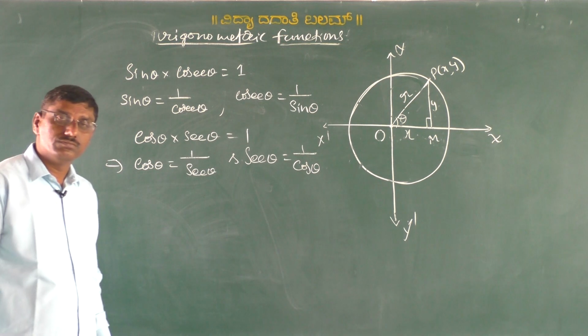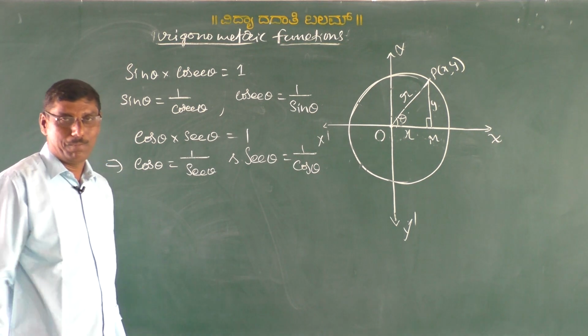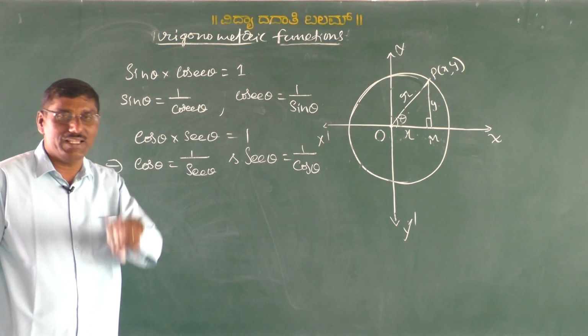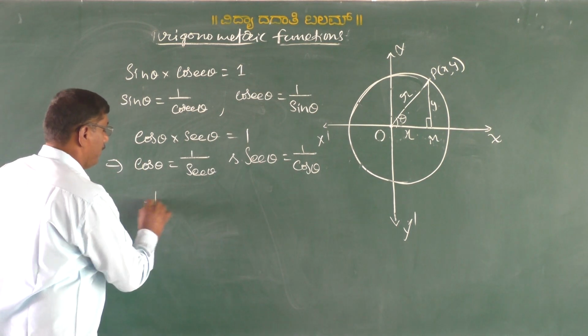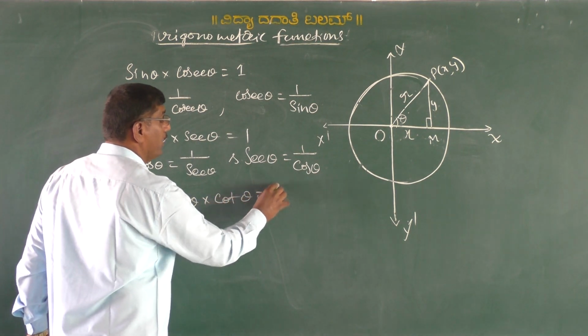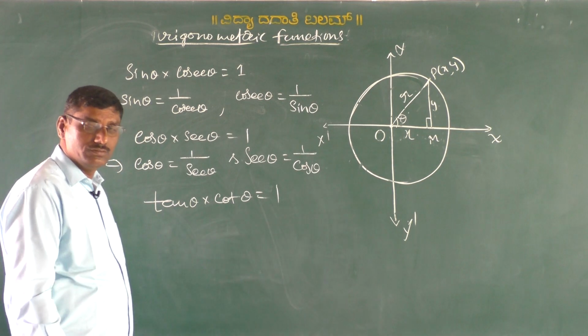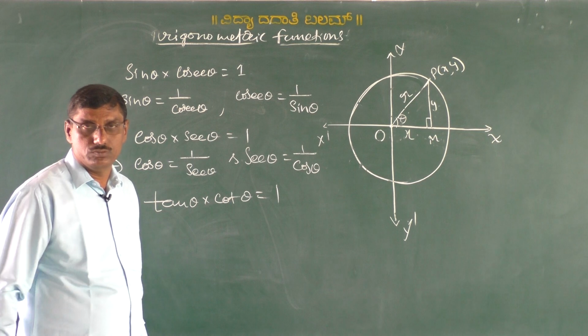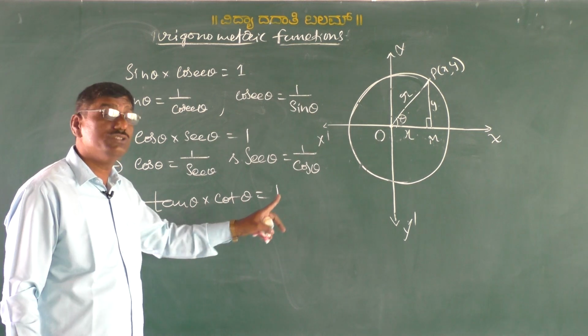And the remaining two trigonometric functions can be expressed as tan theta into cot theta is equal to what? 1. Here also we can show that it is true. Tan theta into cot theta is always 1.